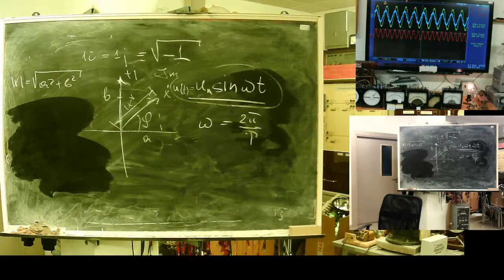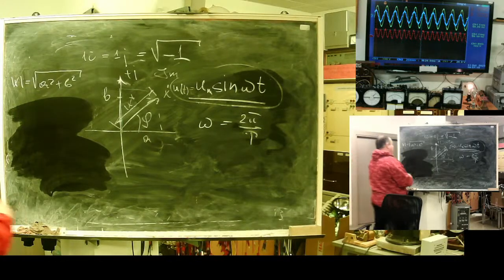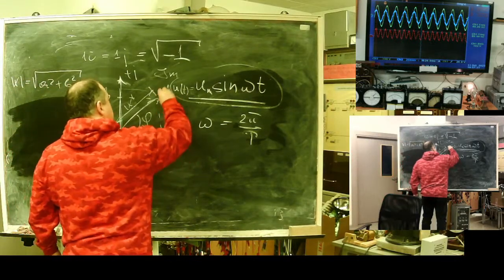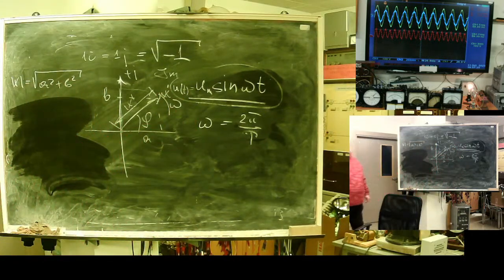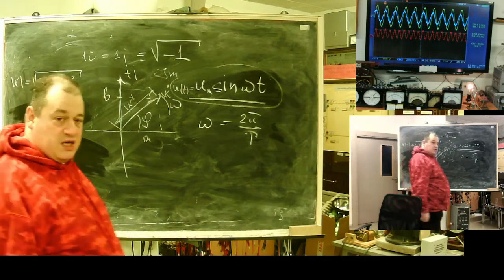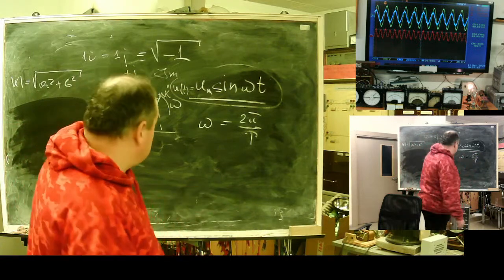This is the vector. It stands like this. Light falls from the window. The shadow of this vector will be its projection. The vector rotates with the frequency of omega, the angular rotation frequency.